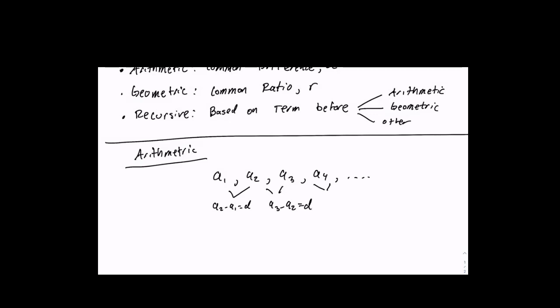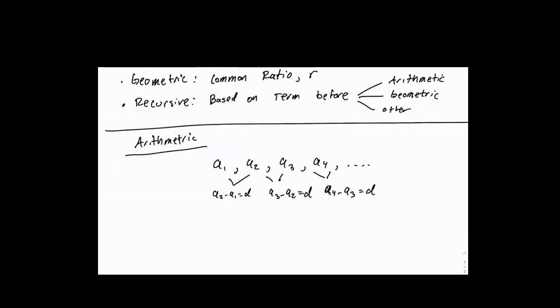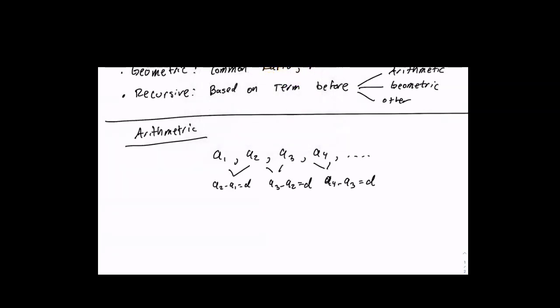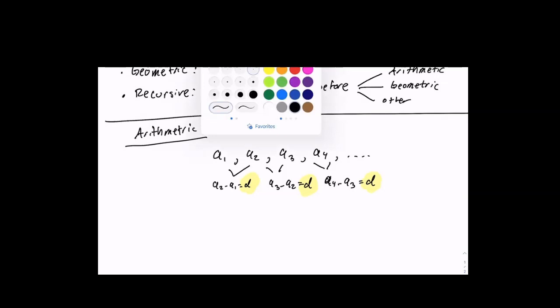And if we took A4 minus A3, we would get some difference. And the key here is that when we subtract any term in the sequence by its previous term, the difference is the same.